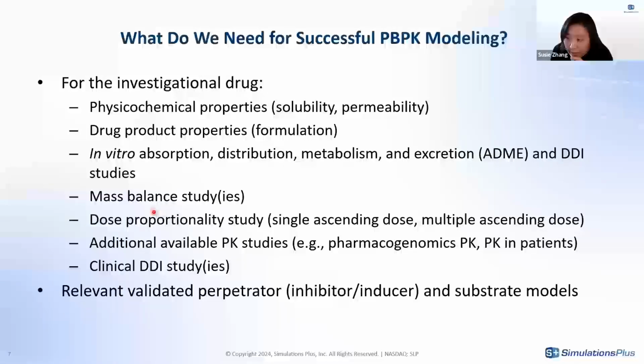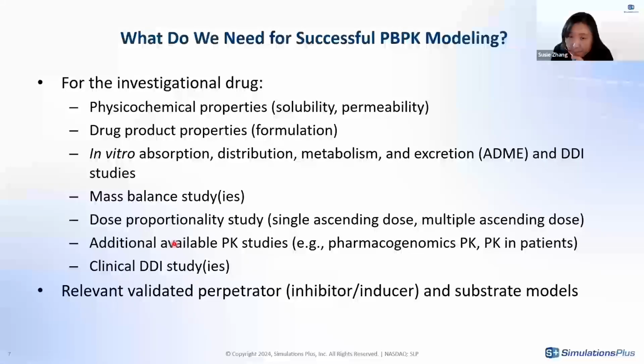And also additional available PK studies will be needed for robust model validation. That includes pharmacogenomics data. For example, if the drug is a substrate of an enzyme that may be impacted by the polymorphism of different genotypes or phenotypes.